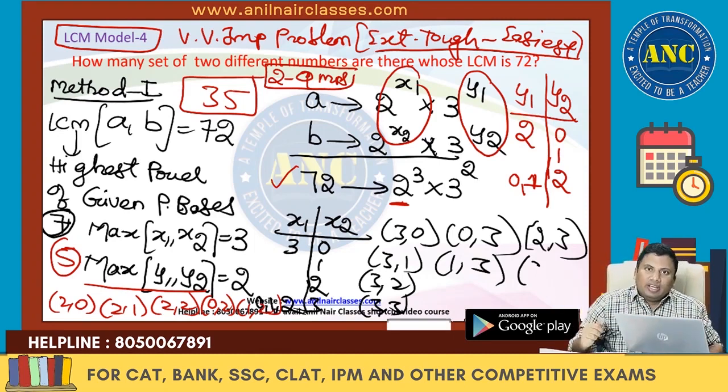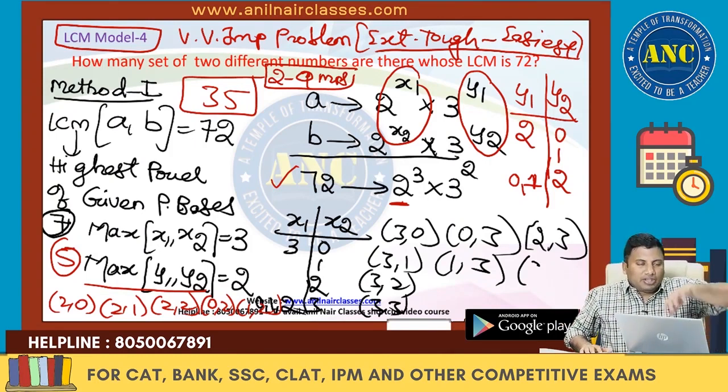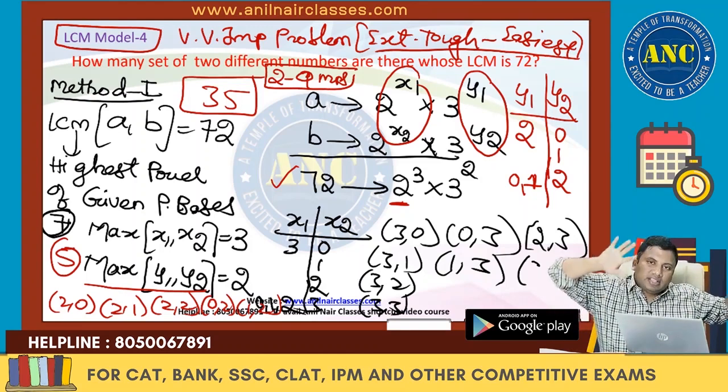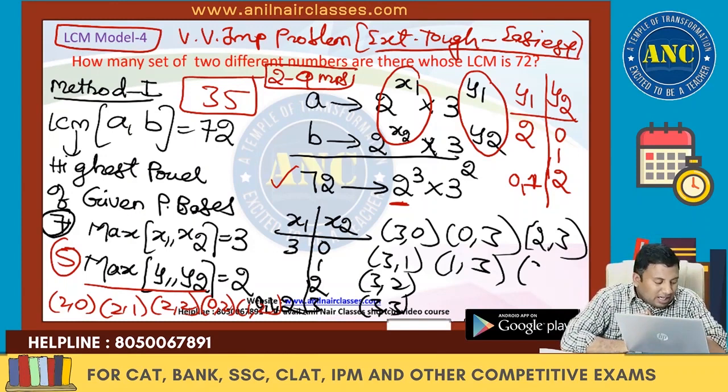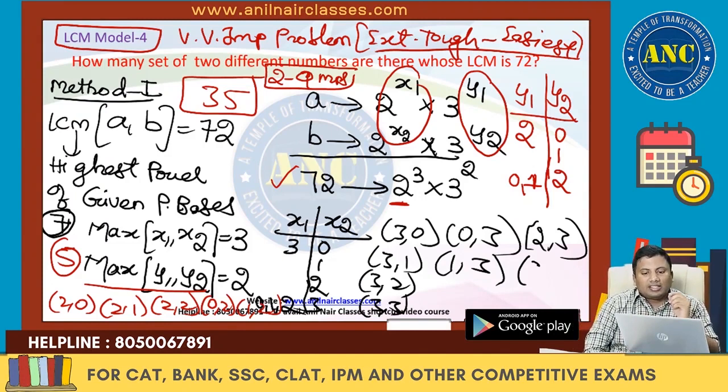If x2 is 3, x1 can take 0, 1, 2. Similarly for y1 and y2 too. How many of you understood this traditional method? Permutation and combination: for x1, x2 I got 7 cases, for y1, y2 I got 5 cases. 7 into 5 is 35 cases. The root cause lies in understanding that 72 is 2 power 3, because it is power 3 and the LCM takes the highest power.